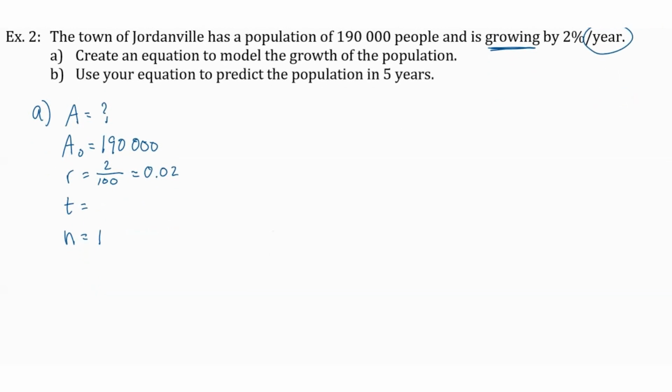So when I write my equation, it looks like this. A equals 190,000 bracket 1 plus 0.02 to the T. We don't put the 5 there. We're only doing it once, but we still always put it to the T because that's like our x.